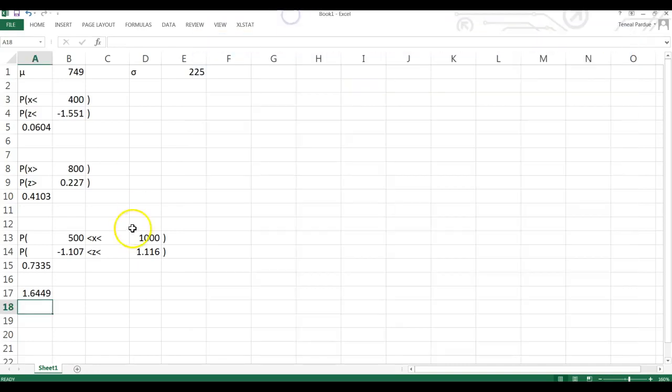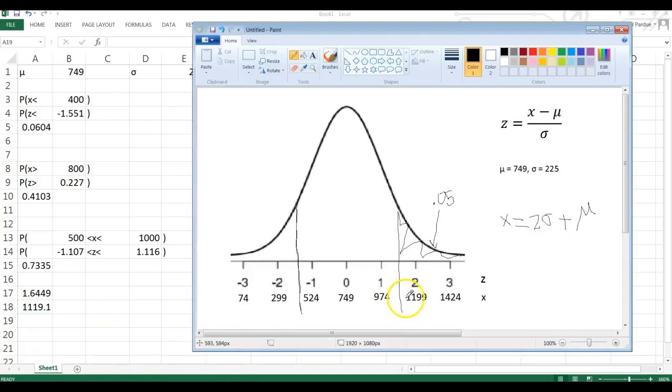So we'll just come down here. That's our value for z times sigma plus mu. And so we get our answer is 1,119.10. And let's just double check it, make sure.